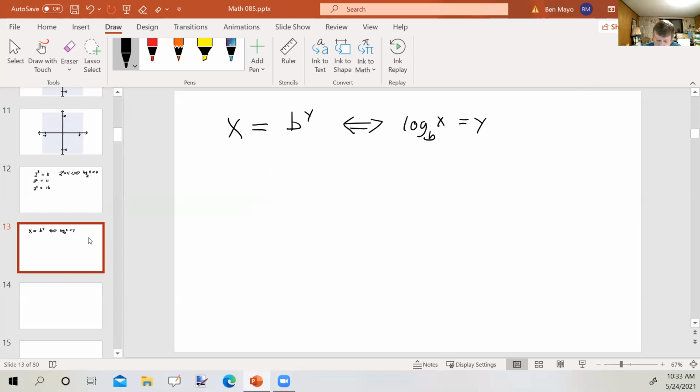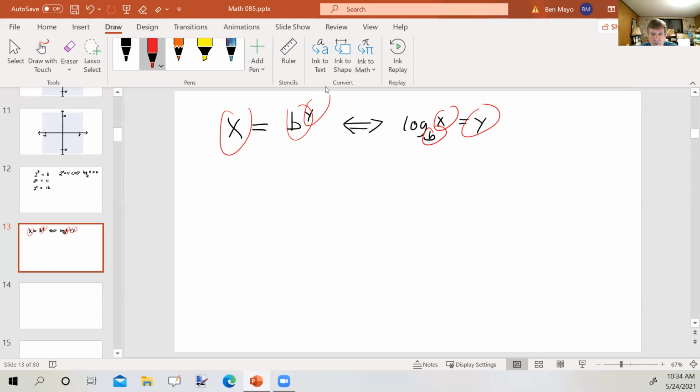Notice that the three letters x, b, and y are all present in the logarithmic form, but things have shifted around a bit. Now, when we say x equals b to the y power, b is the base and y is the exponent. On the right side, where we have log base b of x equals y, again, b is the base.